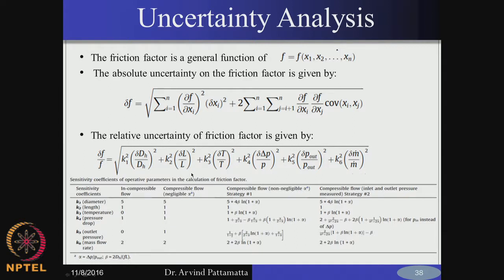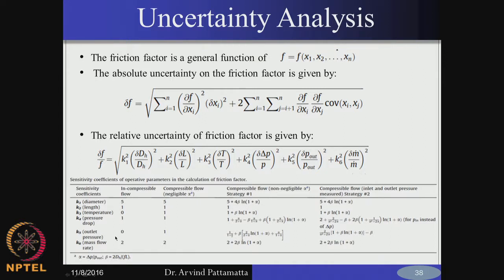For example, if you feel that there is no dependence on temperature, you can give that coefficient to be completely 0. Similarly with the pressure at the outlet, you can give that to be completely 0. So you can give certain weightages, which are called sensitivity coefficients, to certain parameters more than the others, if you feel that this parameter plays a much bigger role in determining friction factor than the other.